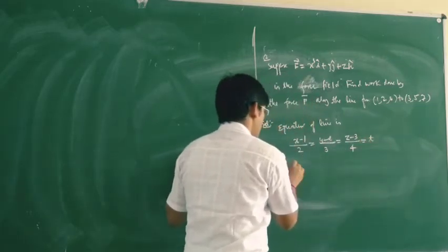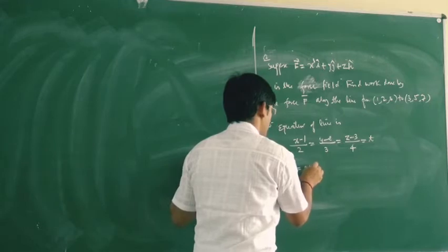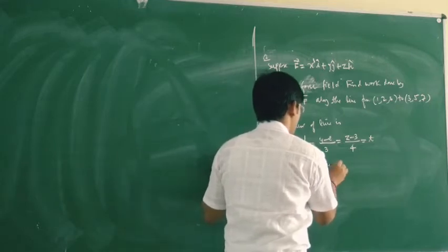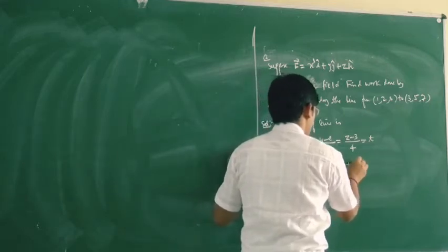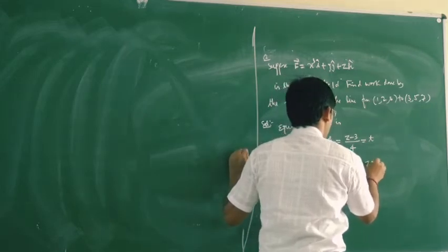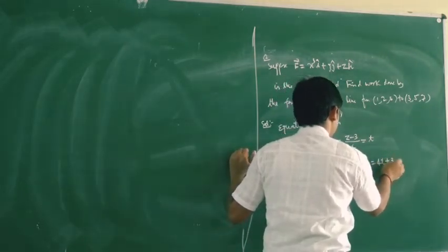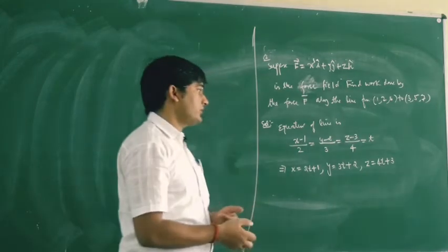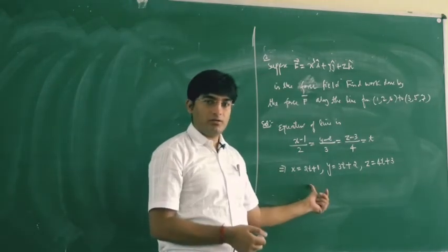So your x will be equal to 2t plus 1, your y will be equal to 3t plus 2, and your z will be equal to 4t plus 3. So these are the values of x, y and z.